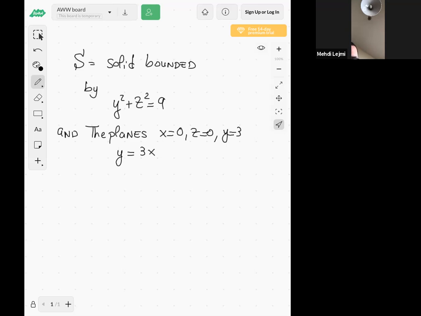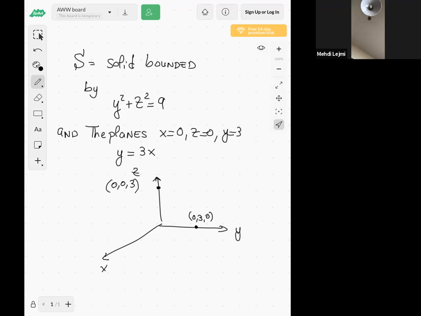All right. Roughly, the sketch of the solid S would be something like this. This is the y-axis, x-axis, and the z-axis. We're going to need 3 here, and 3 here, because this is the point 0, 0, 3.